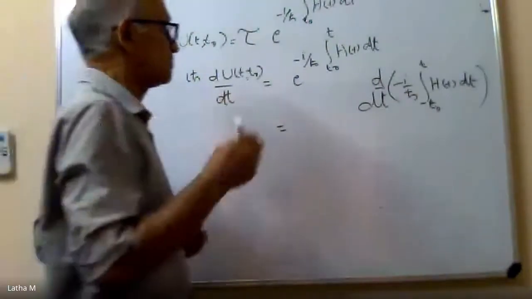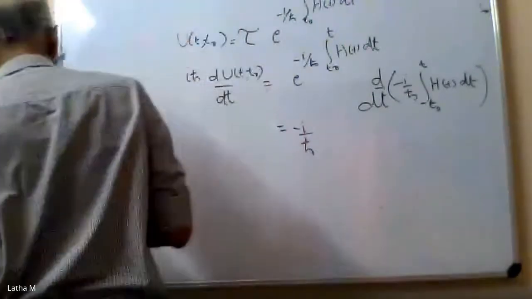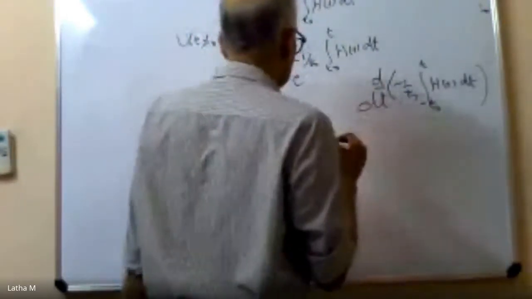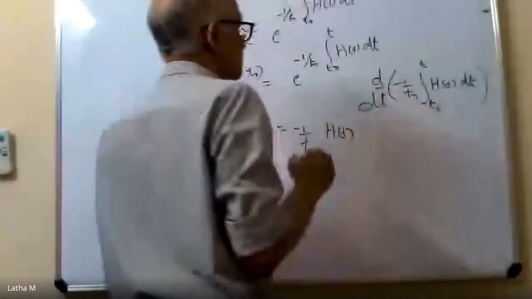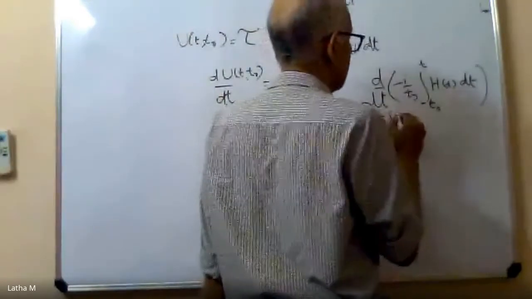Then we can write this as minus i by h cut H(t) times the exponential. Sorry, I'm making a mistake. You have to first put it on the left.